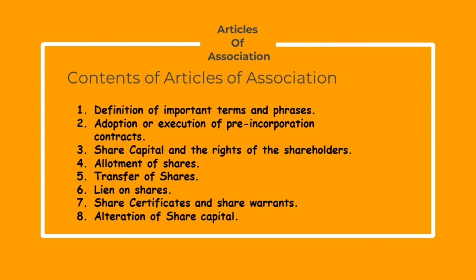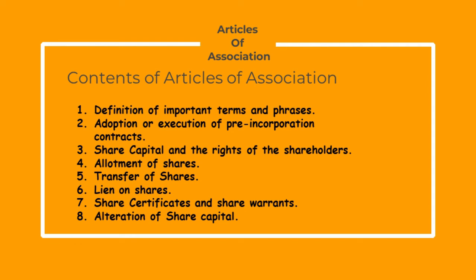That means alteration of the articles should not go beyond the powers given by the memorandum. If the alteration sanctions an act which is otherwise legal and is not clearly prohibited by the memorandum, the alteration will be valid and operative. So alteration of articles should not go beyond the Companies Act, and it should not go beyond the memorandum of association.